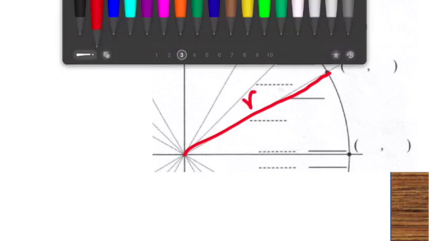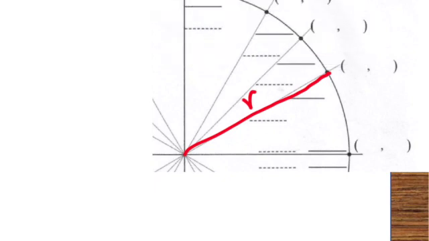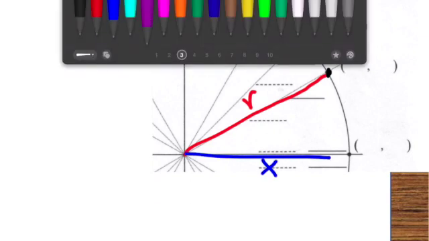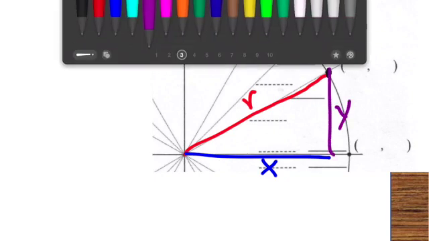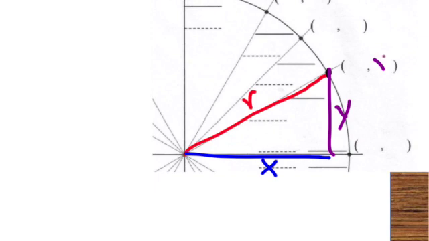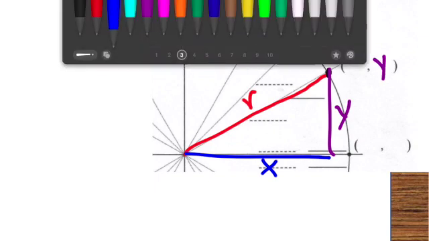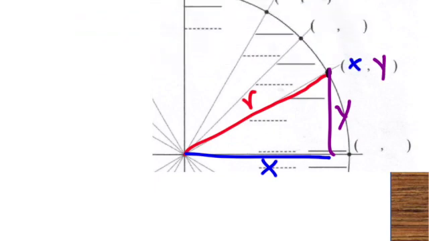Now, the way that I can find the 6 trig values of this triangle is, well, I need a triangle first. So I need my x value, and I need some y value as well. And we know that the point where that angle intersects the unit circle gives the two sides of that triangle, the x and the y.